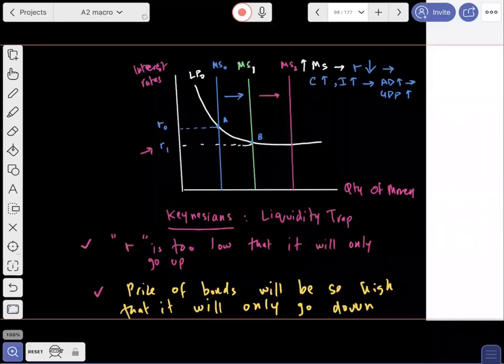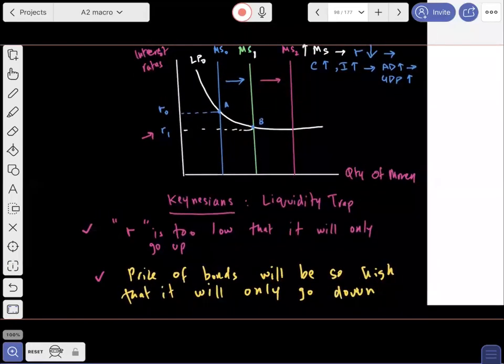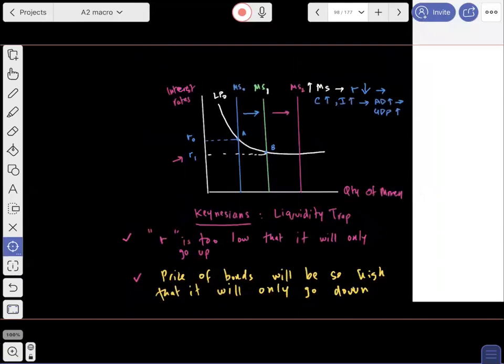And if the price of bonds is only going to go down, will you buy bonds? If I tell you guys the price of bonds will fall tomorrow, will you buy bonds today? No, exactly. So what Keynesians argue is that if the price of bonds will fall tomorrow, people will not buy the bonds today, because they'll be like, if I buy it, कल तो उसकी price गिरनी है, so I'm not going to buy it.